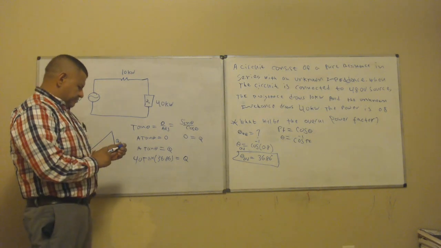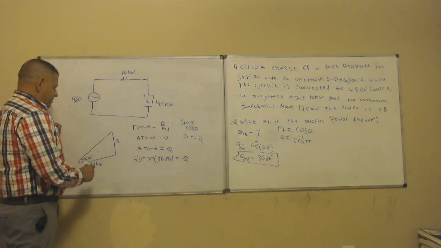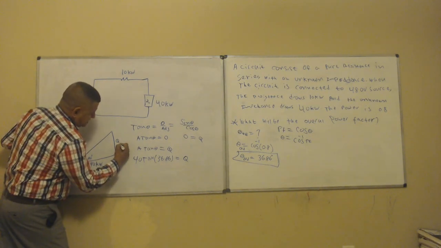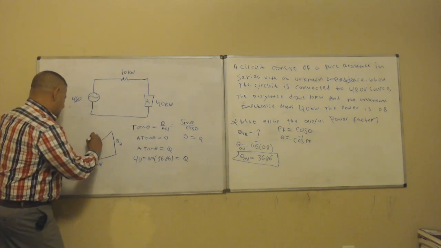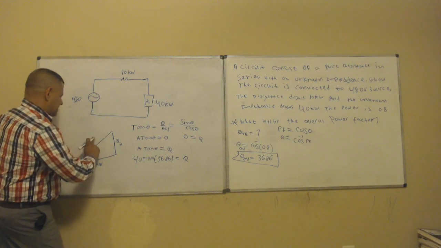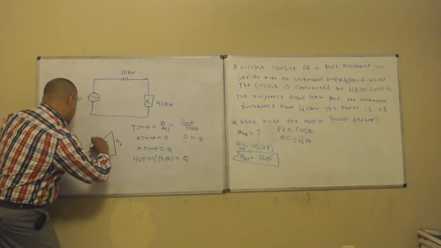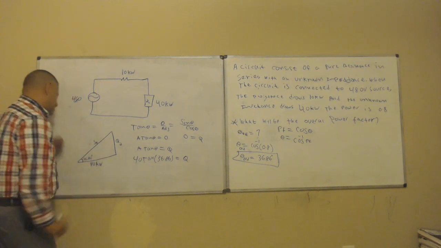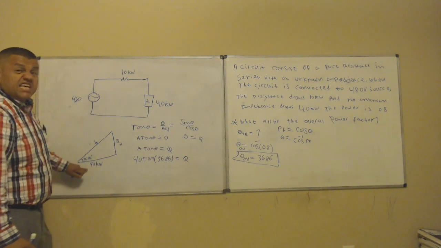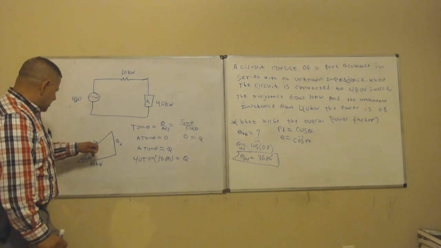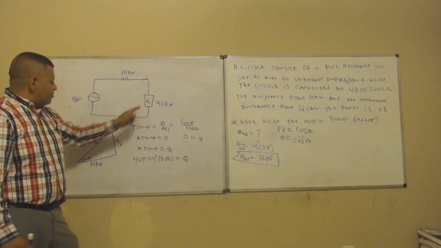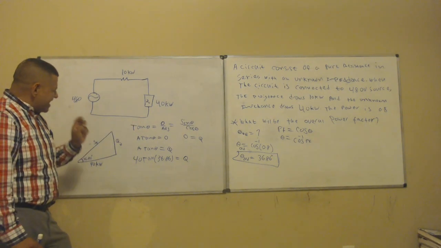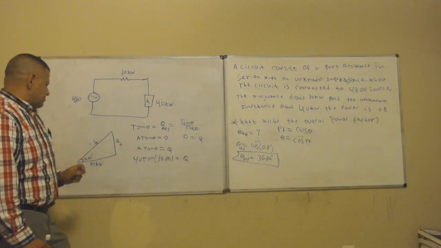So now, remember that you can call this Z. We're just dealing with the impedance right now, right? That's what we call Z. Whatever is going on with this piece is what we are calculating at the moment.